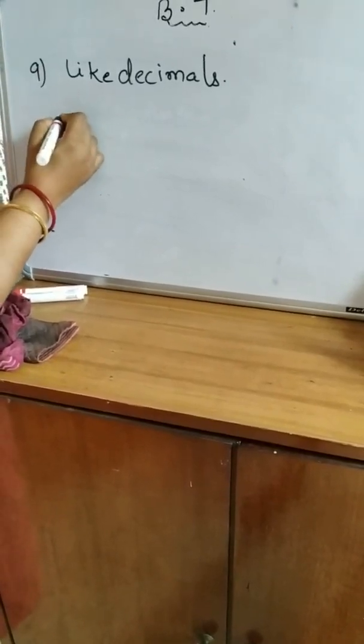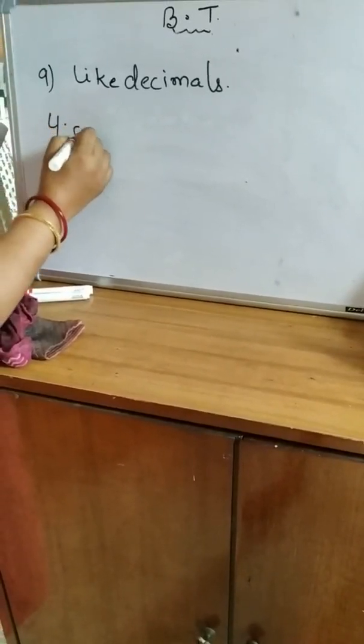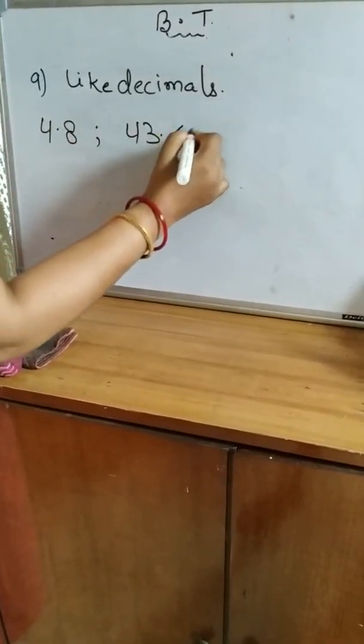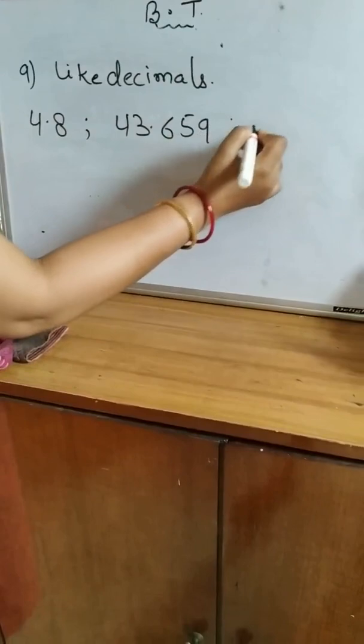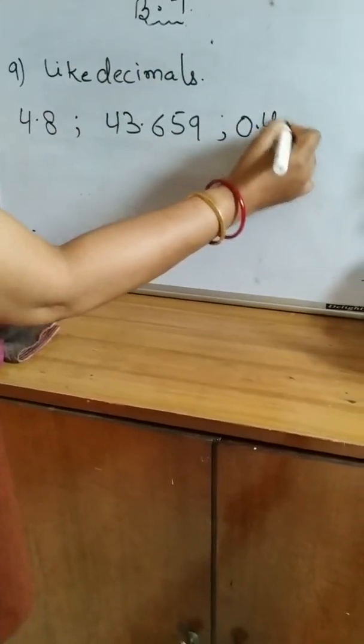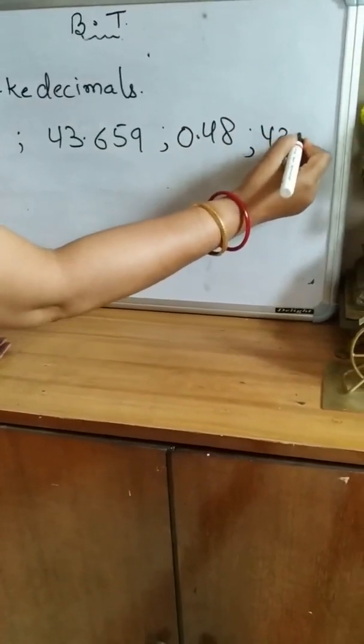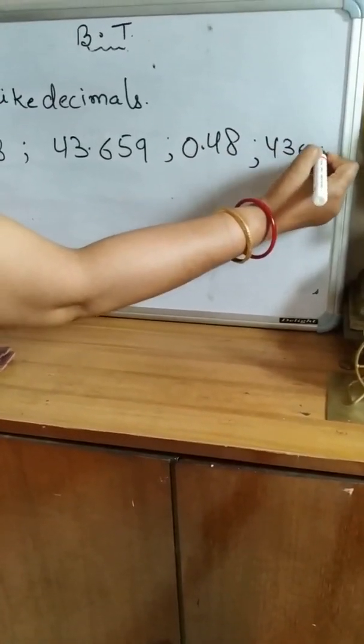So for example, the numbers are 4.8, 43.659, 0.48, 436.82.